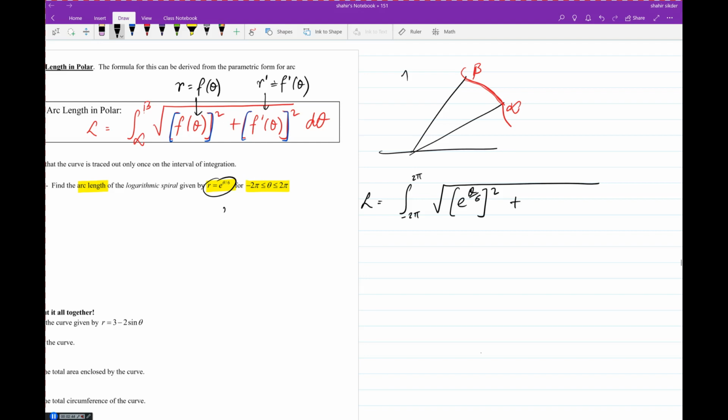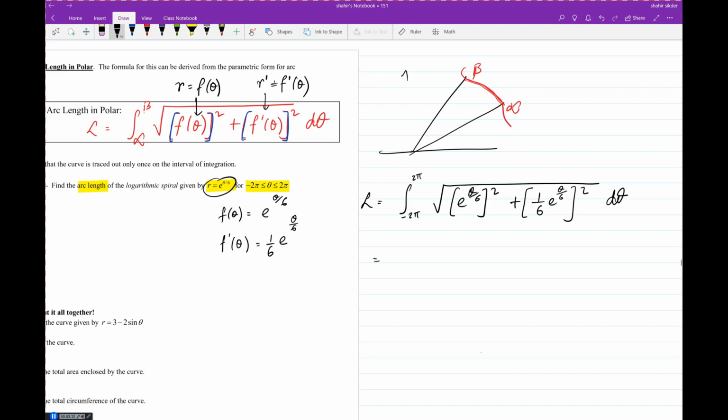If f of theta equals e to the theta over 6, f prime of theta is e to the u times, due to the chain rule, the derivative of theta over 6, which is just 1/6. So let's put 1/6 e to the theta over 6, the whole quantity getting squared, d theta.